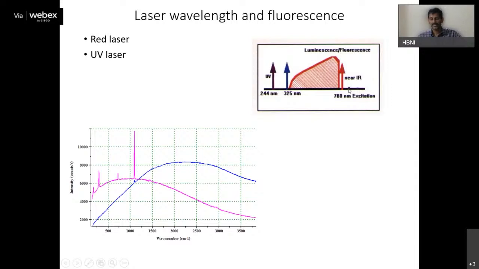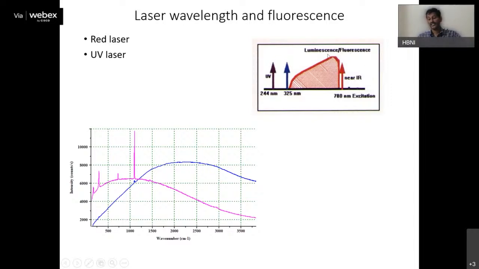Light scattering is proportional to omega raised to the power 4. So if you are using a lower frequency or higher wavelength, your scattering will be less and you will get less signal. If you use a higher frequency, your signal will be more. But another factor is your laser power.